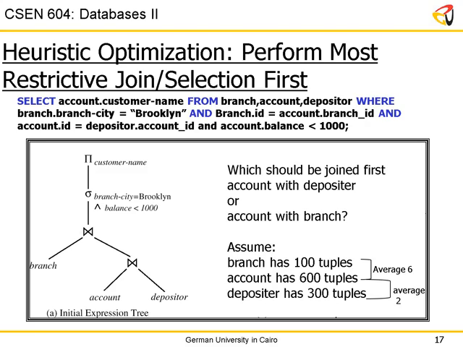In other words, again, every branch has 6 accounts. Similarly, when I join account and depositor, I should get 2 rows. The calculation here is simple, and it's not really maintaining any statistics about the data. It is just, again, using the number of rows in the table.